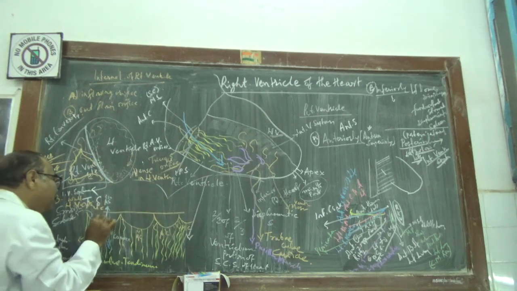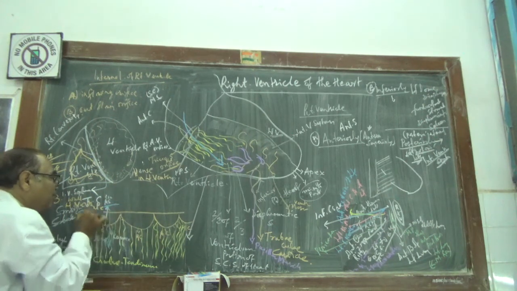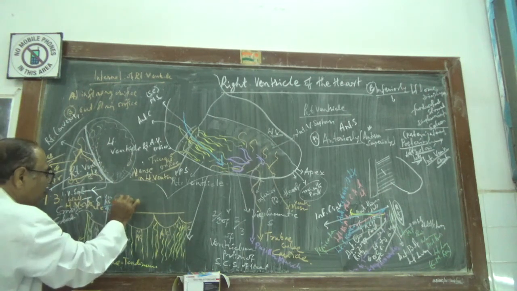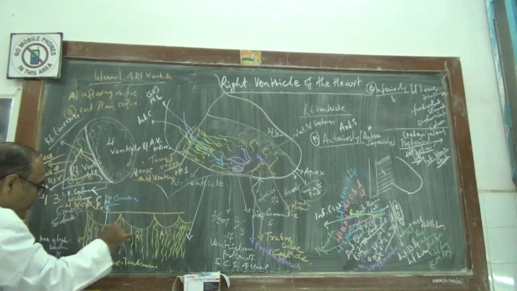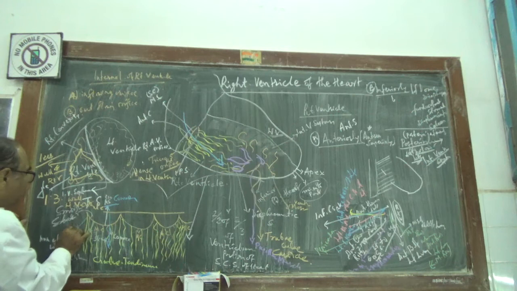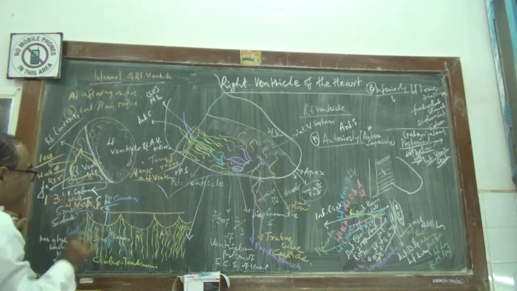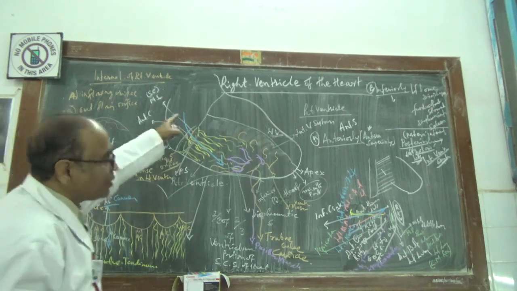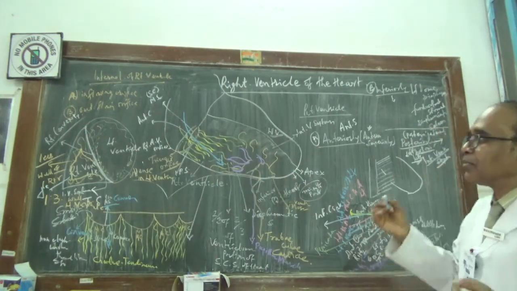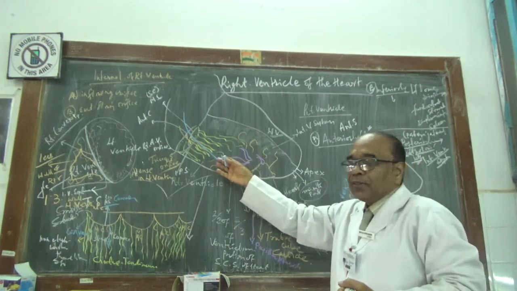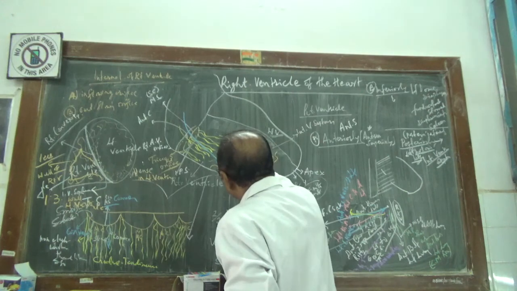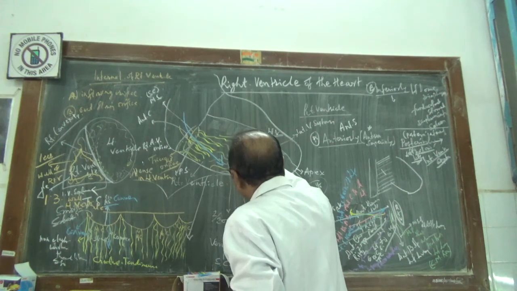At that moment the atrial surface of all these 3 cusps is concave and the ventricular surface is convex because of the pressure gradient. The pressure gradient is more at the time of atrial contraction. Then the blood will move into the right ventricle. This is carbon dioxide content.